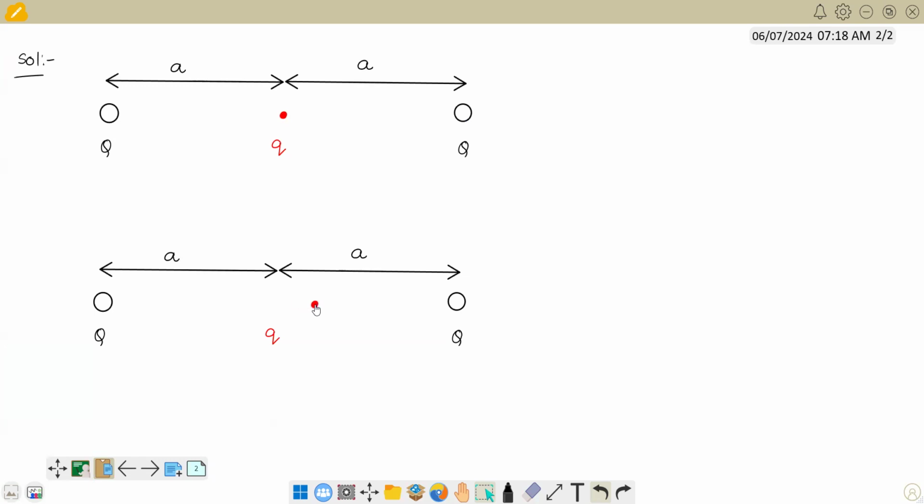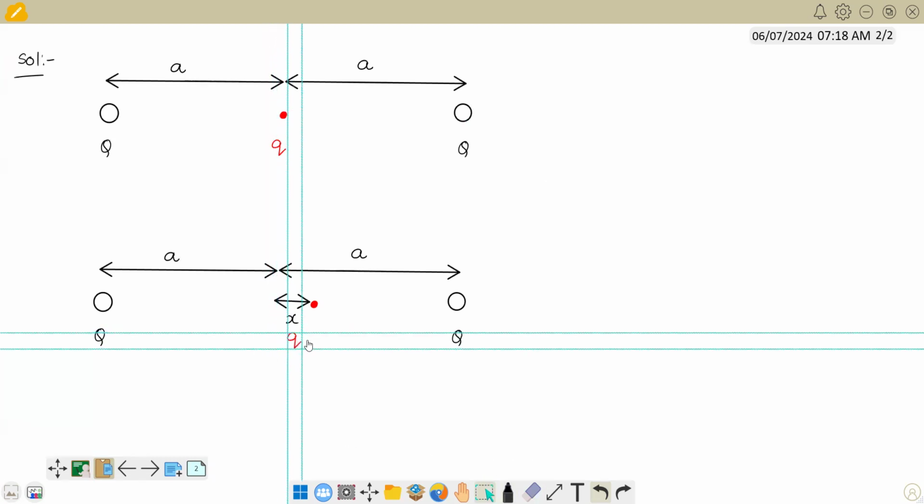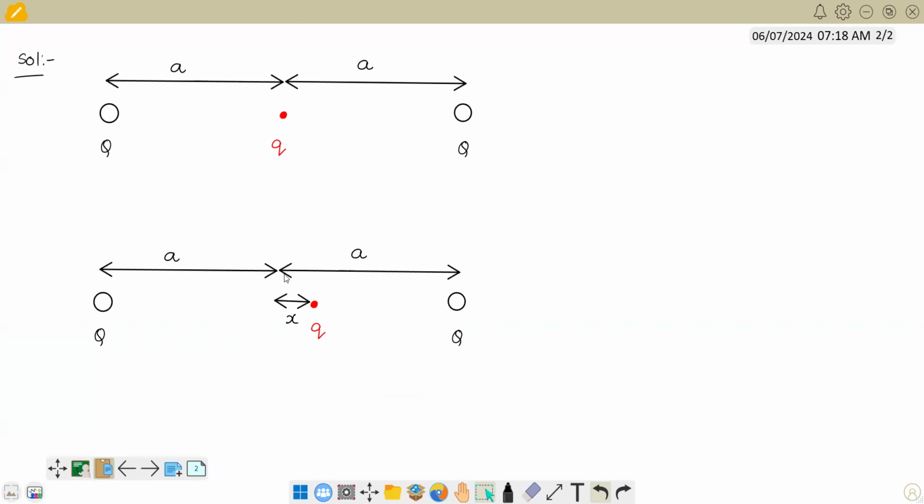So once you slightly displace it towards the right, we will get new lengths. If I displace it by a distance of x, this is the location of my charge now. From its equilibrium position, I have slightly moved it by a displacement x.